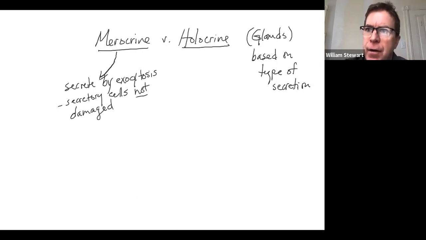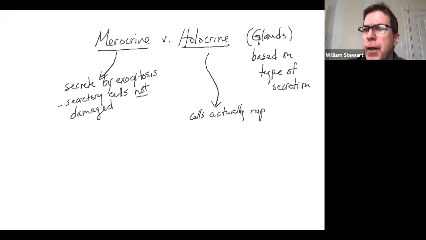Holocrine glands are very different. During the secretory process, the cells actually rupture and are destroyed during the secretory process.